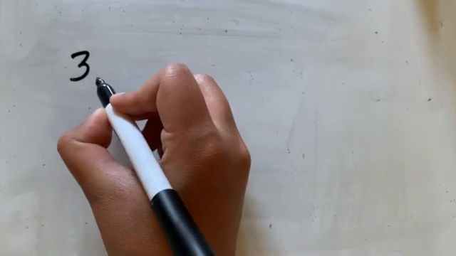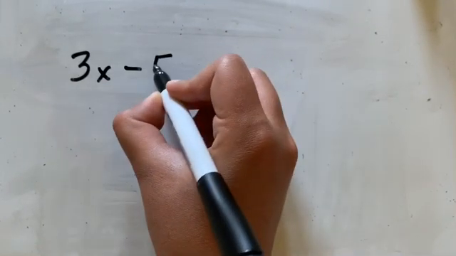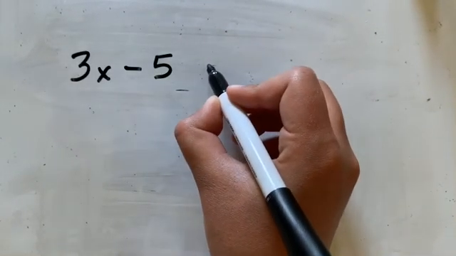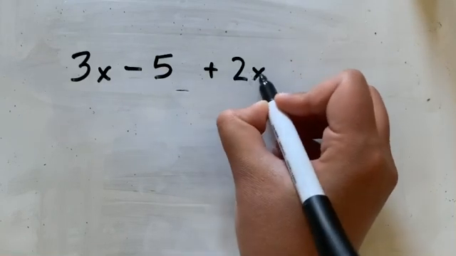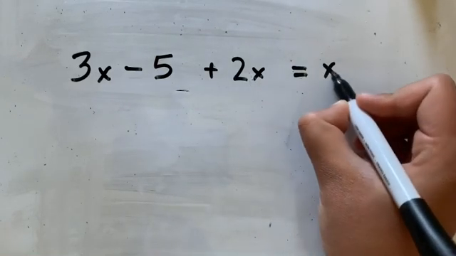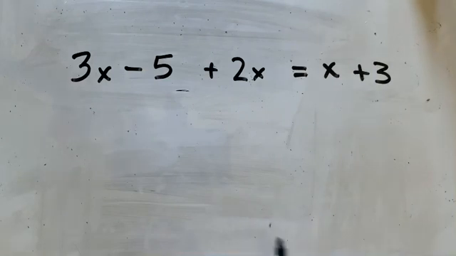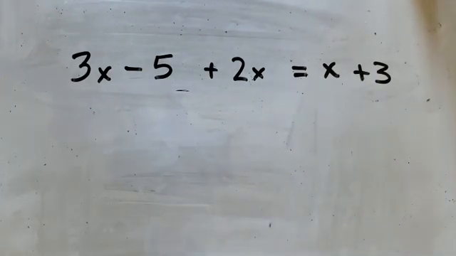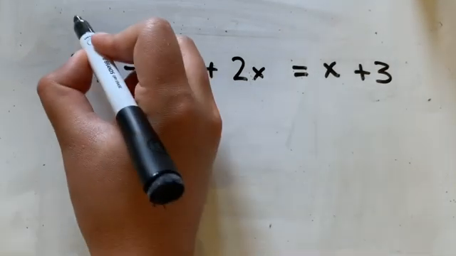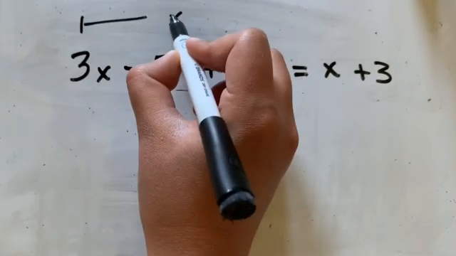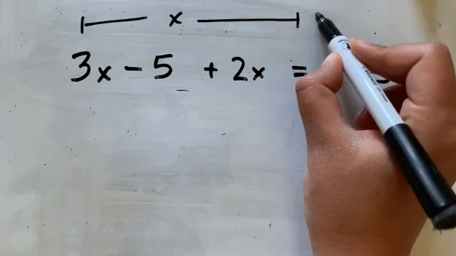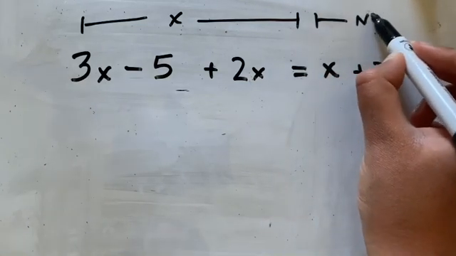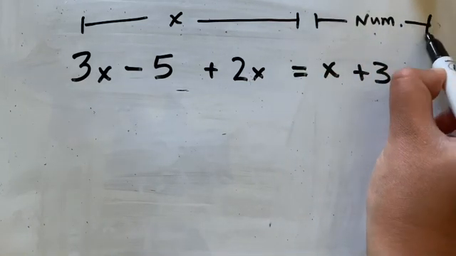So let's try 3x minus 5 plus 2x equals x plus 3. If we try to solve it how I like to, we should keep only x's on this side and only numbers on this side.